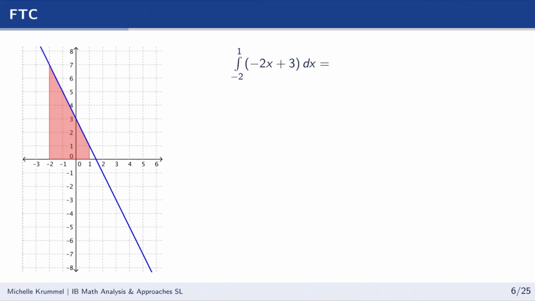So let's try that. We want the antiderivative of negative 2x plus 3, and we can get that using our reverse power rule. So negative x squared plus 3x. And if you're not sure about your antiderivatives, remember you can take the derivative of your answer and make sure you get back to what you started with.